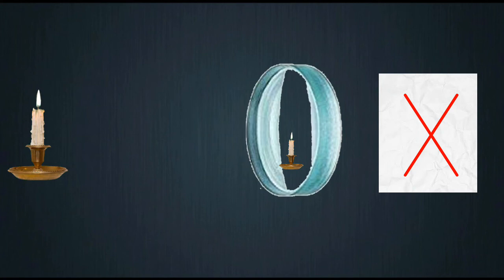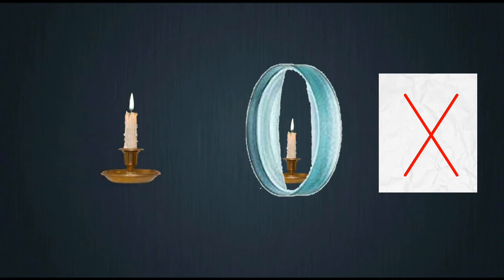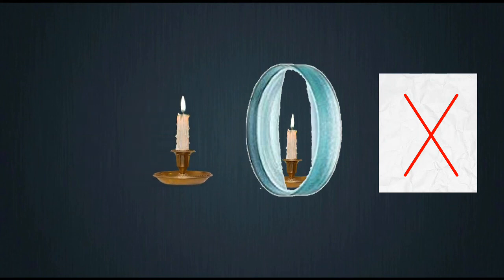Now if we bring the candle a little bit closer to the concave lens, we will find that the image size increases, but it is still diminished compared to the actual object, and also erect.